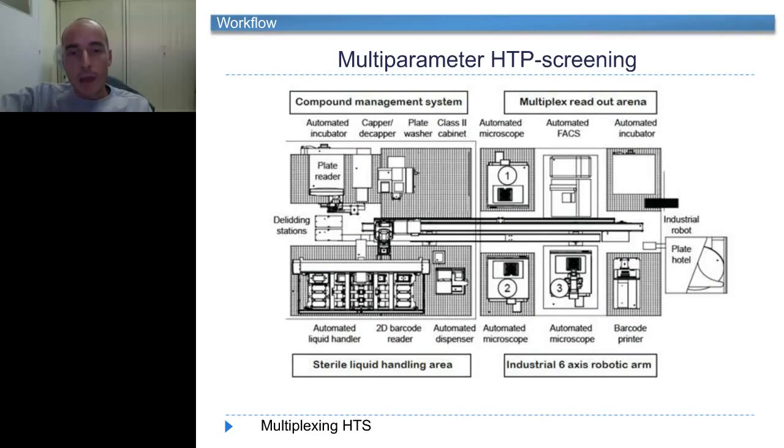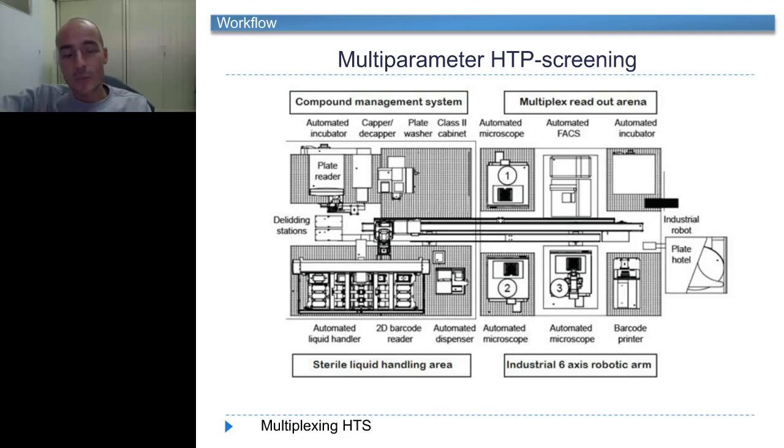As this initial approach was very time-consuming, working with just one microscope, we lately developed a multi-parameter high-throughput station in which we are able to multiplex assays.